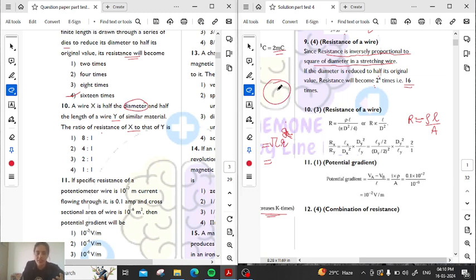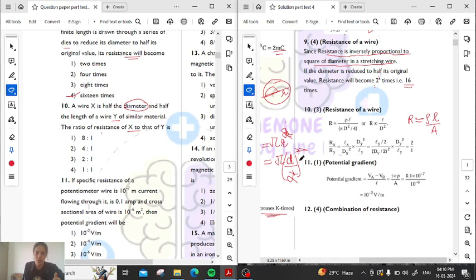Because whatever the circle is, from the center, this is the r, and the diameter is the double of it, right? So radius means half of diameter. So I can write pi times d by 2, all squared.